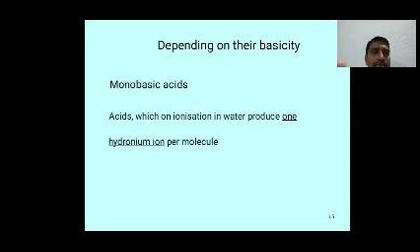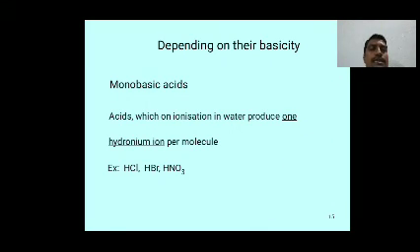A substance that dissolves in aqueous solution and produces only one H plus ion per molecule is called a monobasic acid.